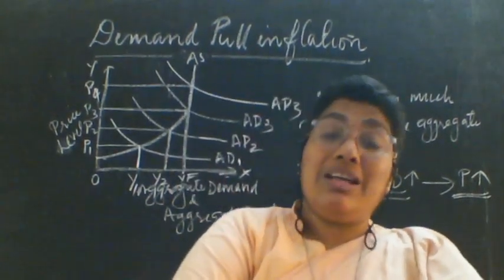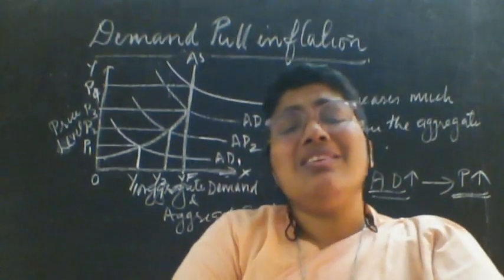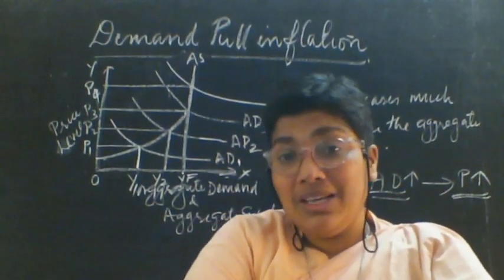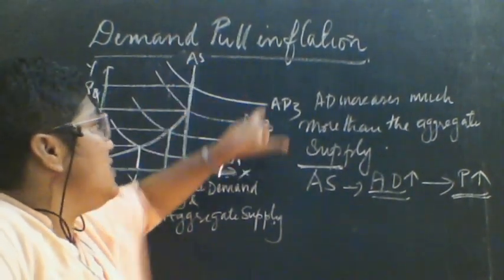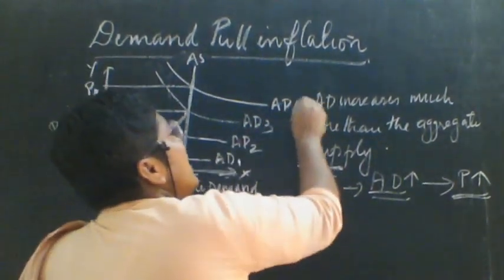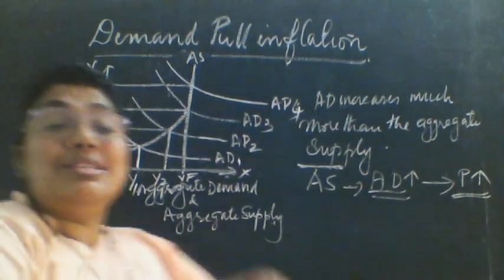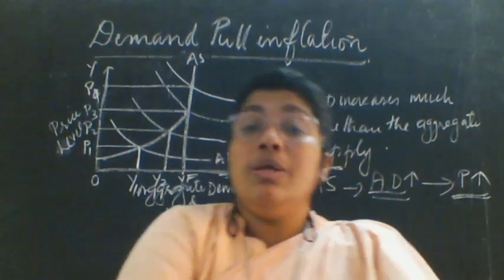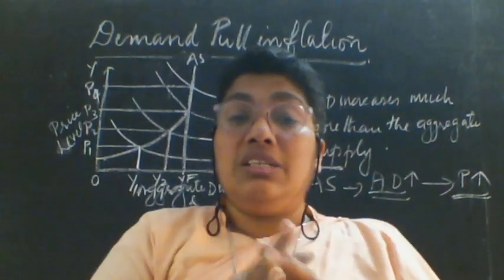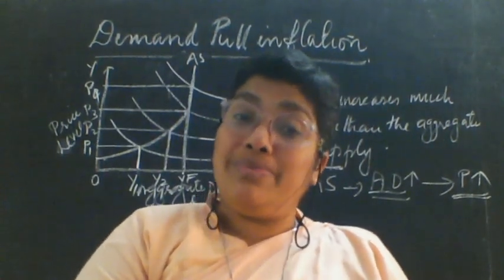Now what are the factors? You will be wondering, what are the factors that cause an increase in aggregate demand? You see aggregate demand is increasing from AD1 to AD2 to AD3 to AD4. How does this aggregate demand increase? There are two major factors that cause demand pull inflation.